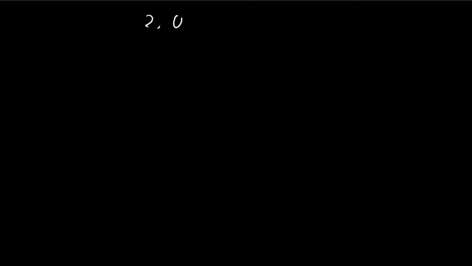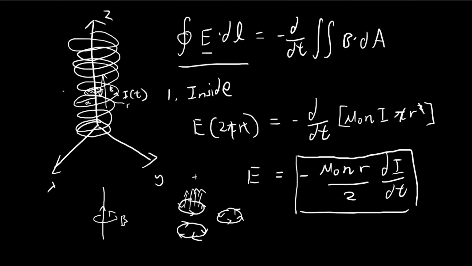The second case we can consider is the outside case. What is the electric field generated outside of the solenoid? We do the same thing as before. We draw a hypothetical hoop that goes around the solenoid, and we apply Faraday's law.